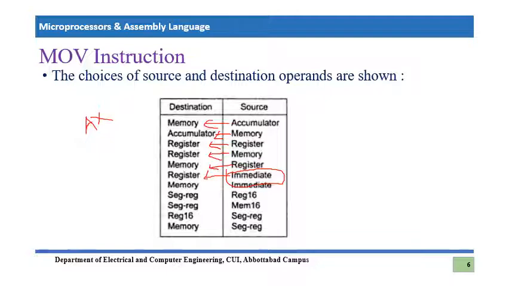We are going to explore these things in more detail. So there is a wide range of operands available while dealing with the move instruction. That is why the move instruction is always considered a powerful tool.